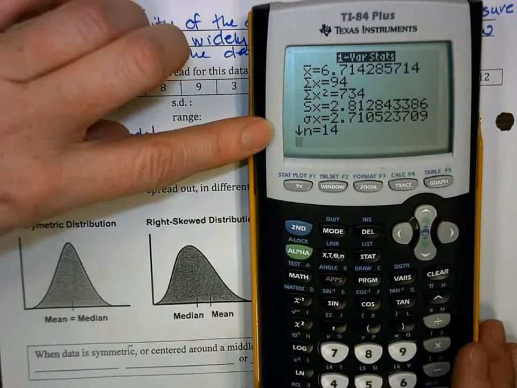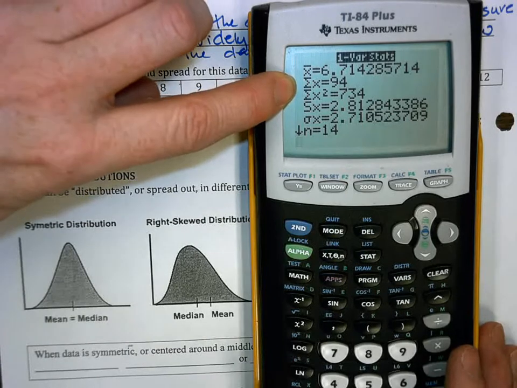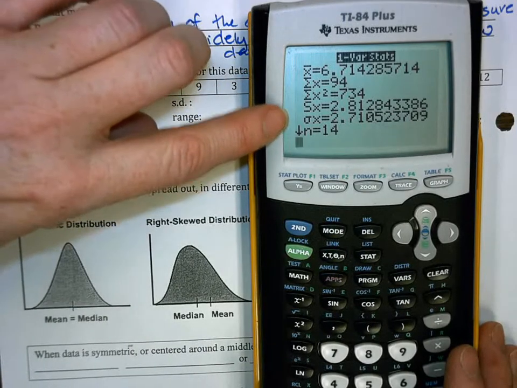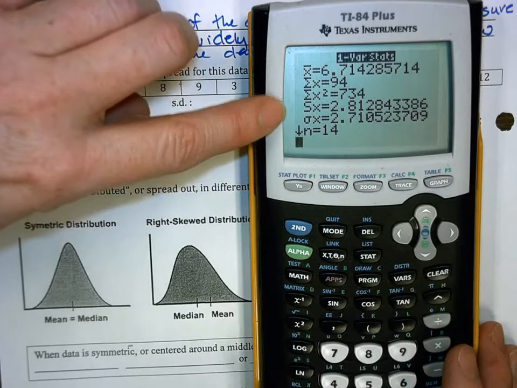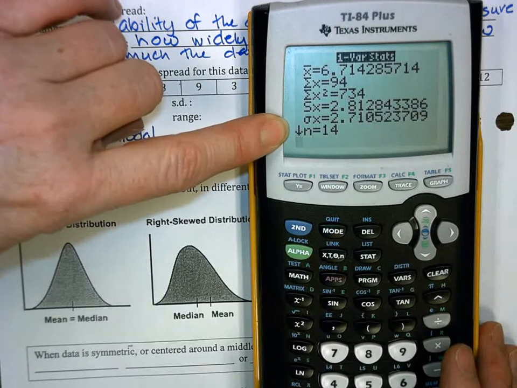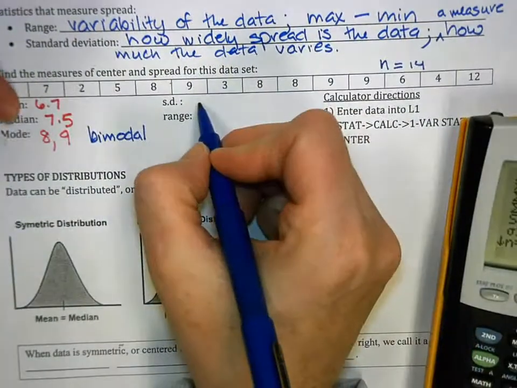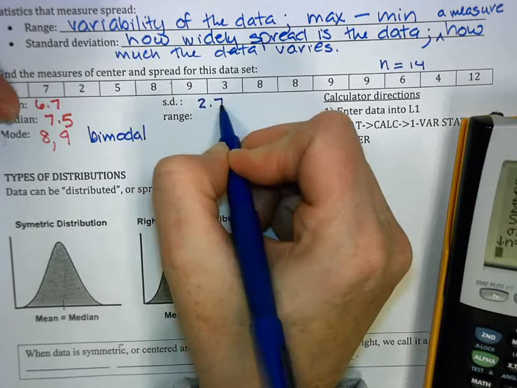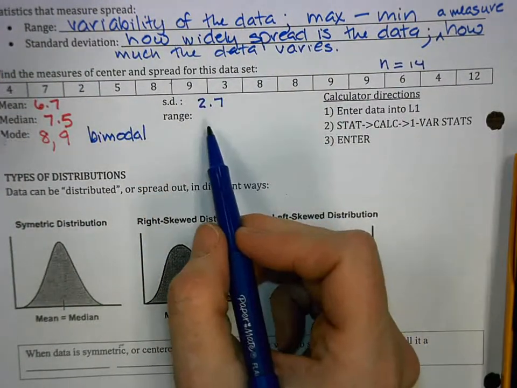So let's scroll back up. If we scroll up to the top, we've got some things we haven't worked with yet. This is a sum, the sum of x. Don't worry about that one. And then right here, above n is 14, we have 2 measures of standard deviation. Now we're going to use this one, the one that has the sigma x in front of it. Okay? So let's say the standard deviation is 2.7.